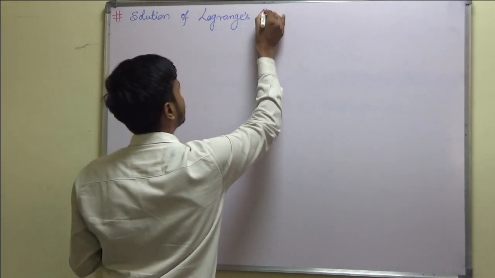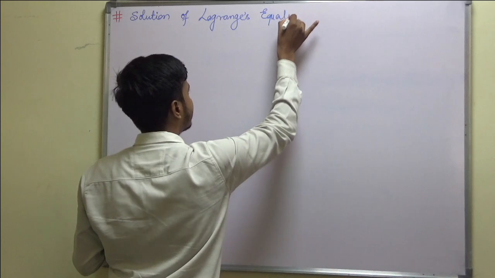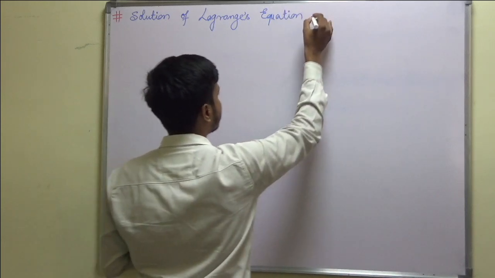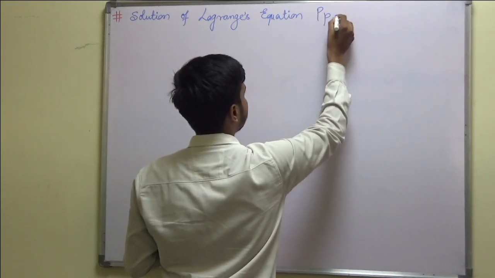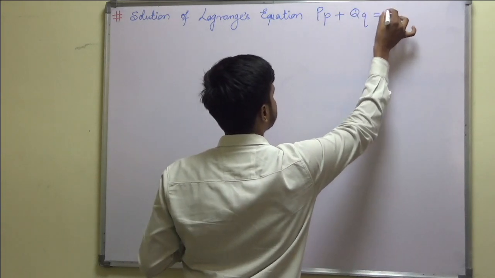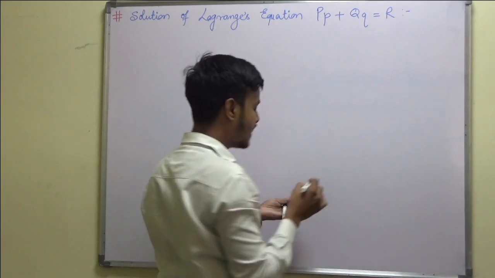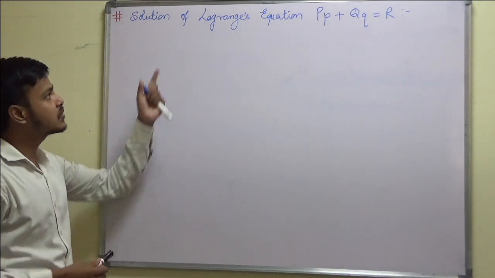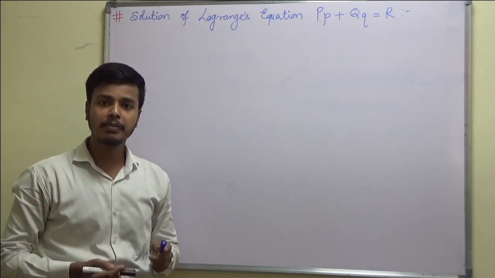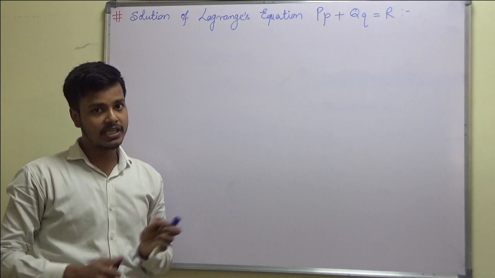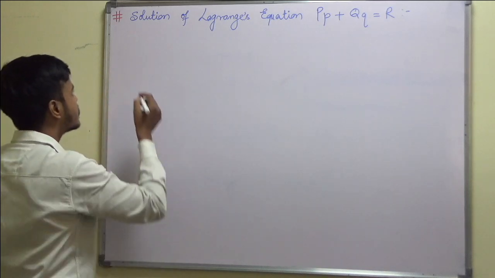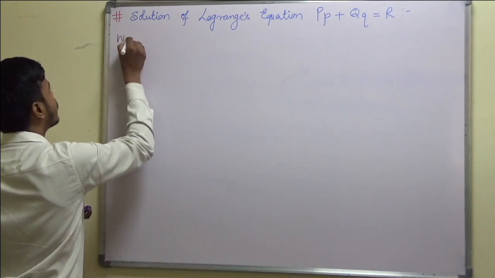Do you remember what this Lagrange's equation is? We have seen Pp plus Qq is equal to R. Now to get the solution of this Lagrange's equation, we need to follow some steps. So let me write it as working rule.